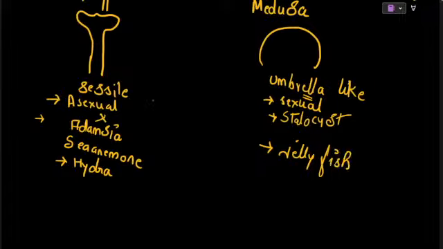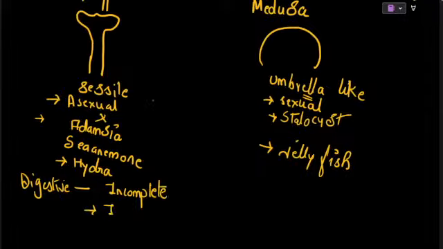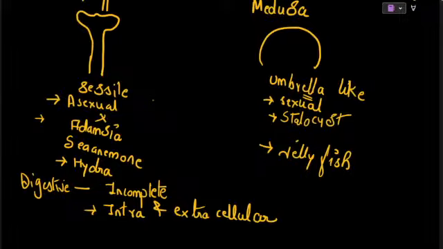Next. Digestive system. So they show which type of digestion? Intracellular and extracellular. What about nervous system?